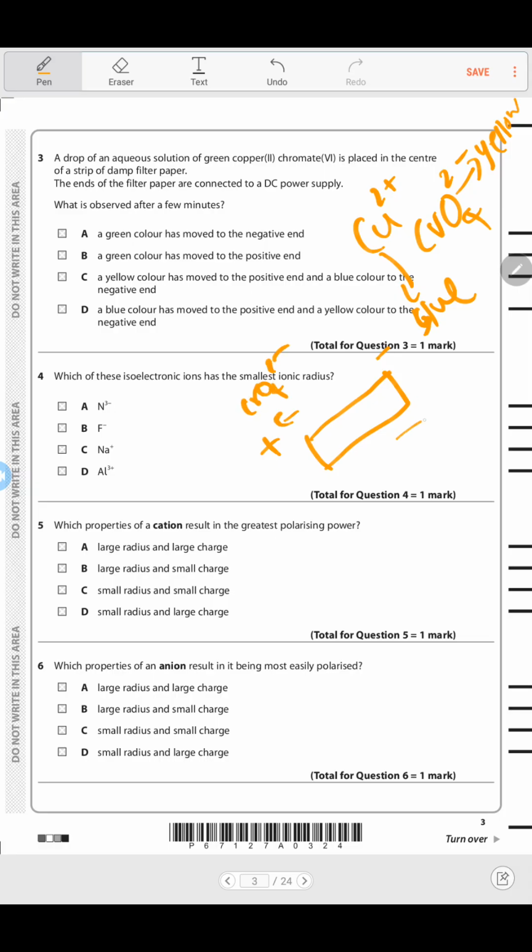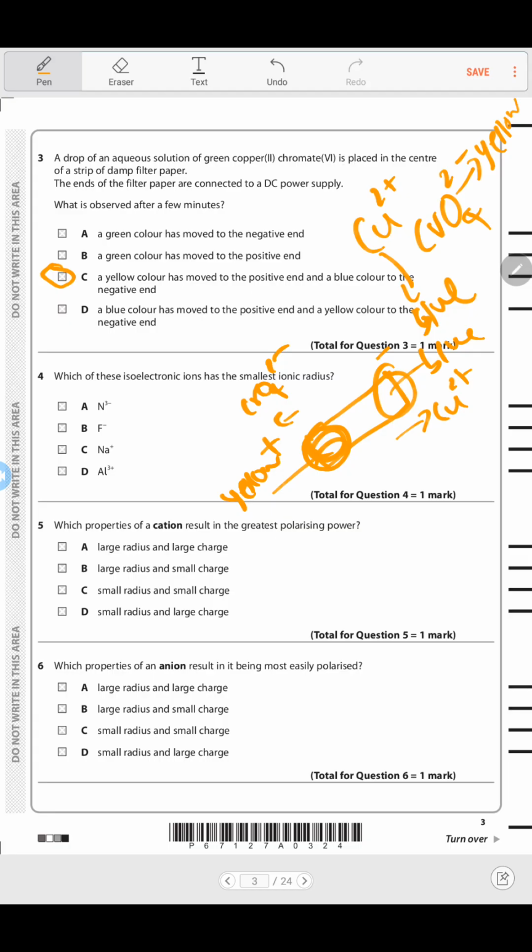The other side, Cu2 plus ions move. So the positive side becomes yellow and the negative side becomes blue. So the answer is yellow moves to the positive side and blue to the negative end. So the answer will be C.